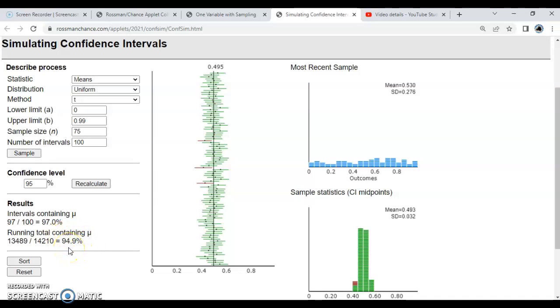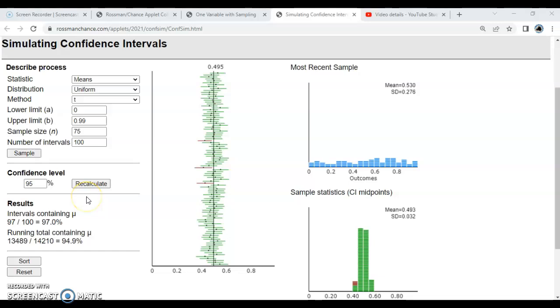That means 95% of those intervals, which is 13,049 out of 14,210, that proportion or that percentage of intervals successfully contain the population mean, which is neat, right? It should correspond to our confidence level.